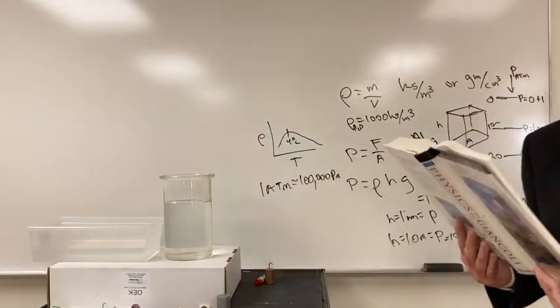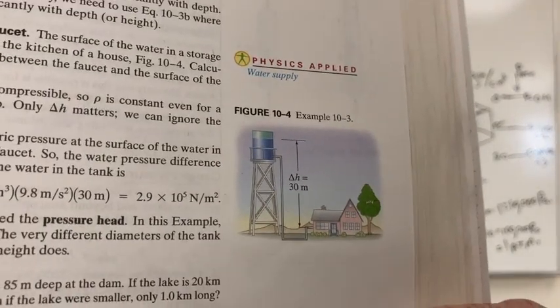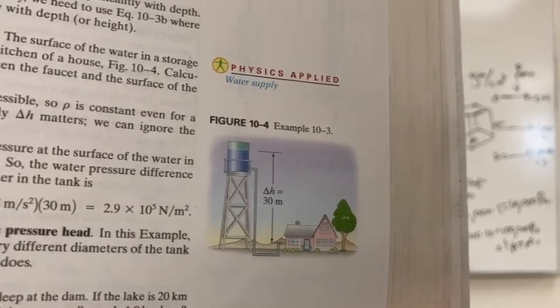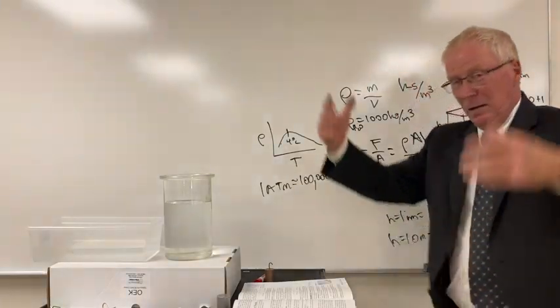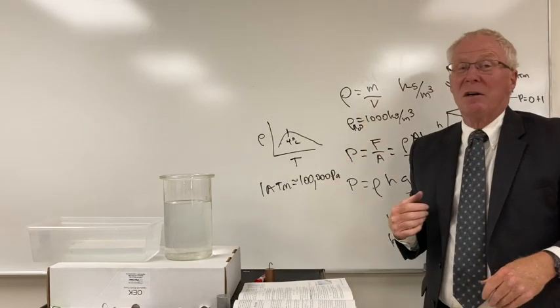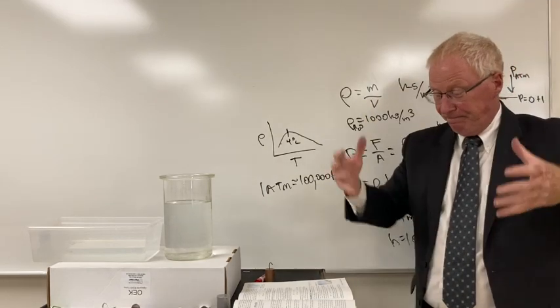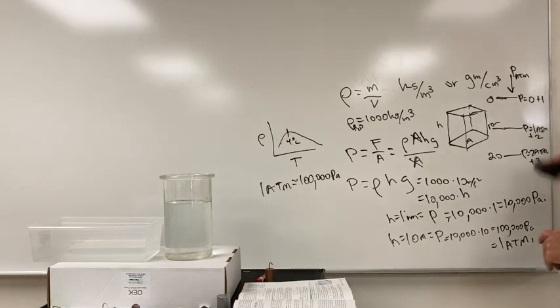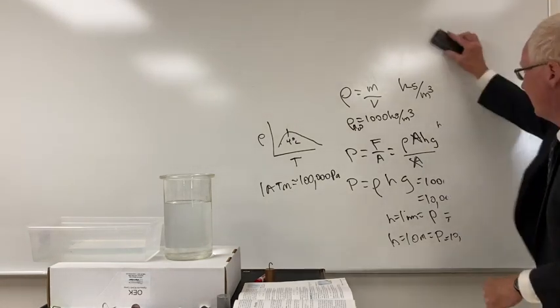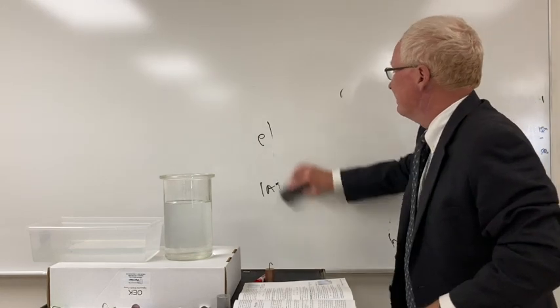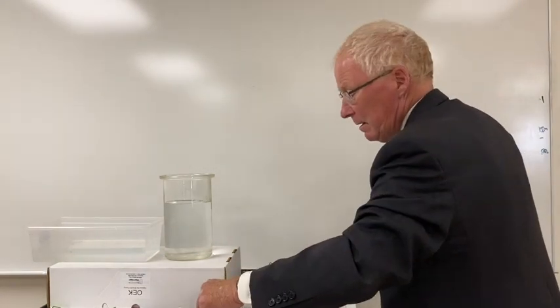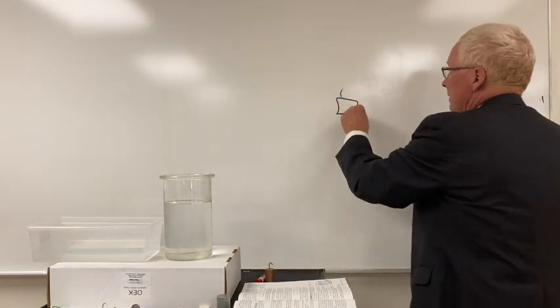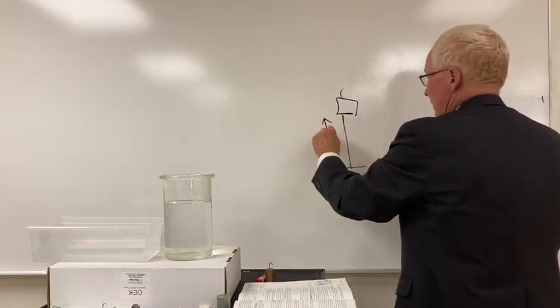An example here is a water tower, which is a nice picture here. What a water tower does is not so much to have a big sign for the city, but they pump the water way up, a few meters up, and maybe in this case 30 meters.